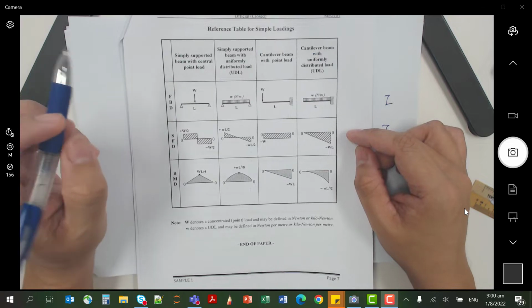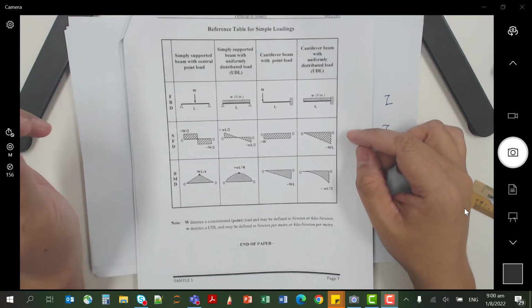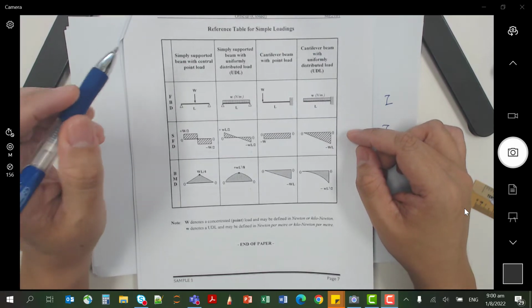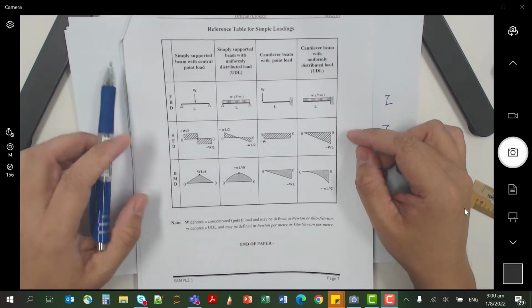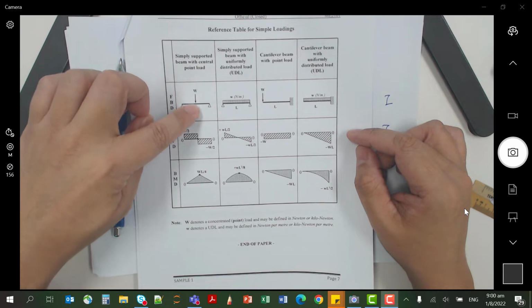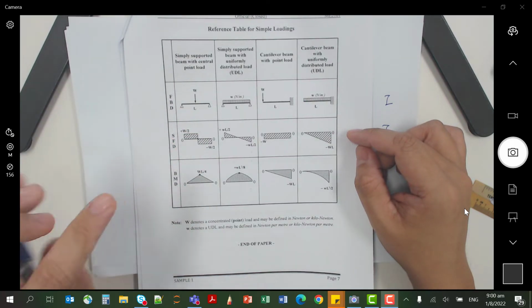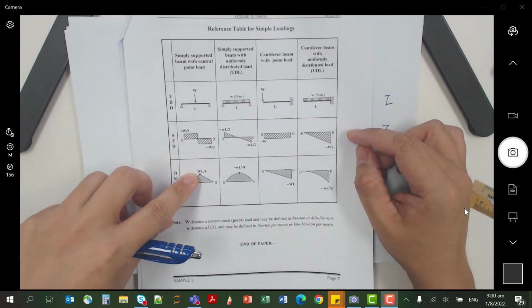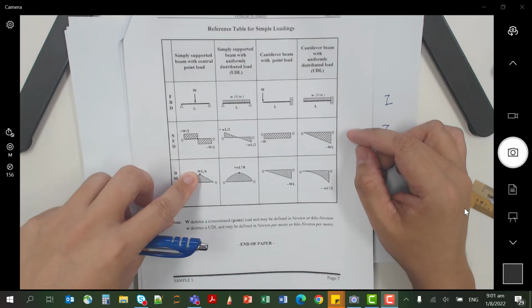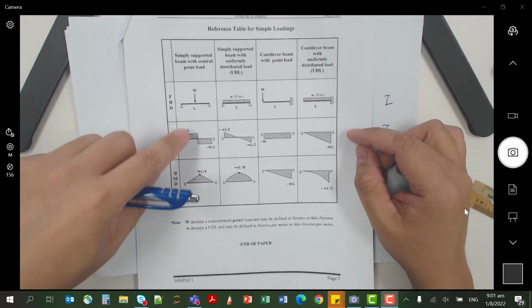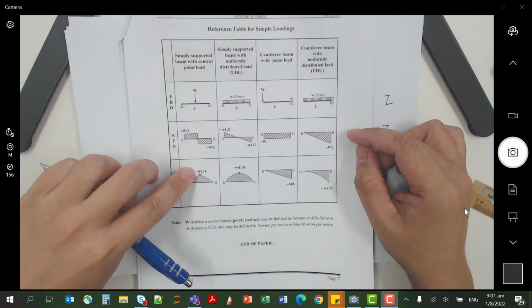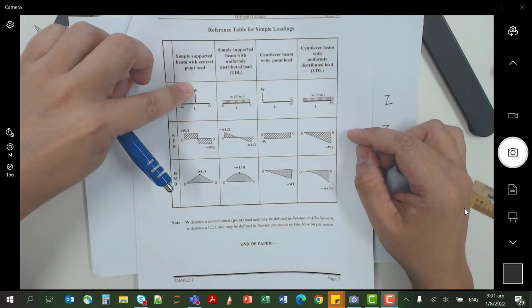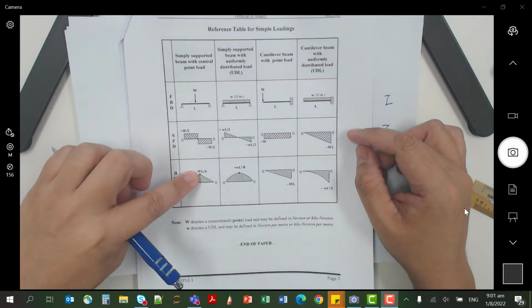If the question says it is a simply supported beam with a single load at the center, then it will be this case. The highest moment is at the center of the beam, which will be the point load force times the length of the beam divided by 4.